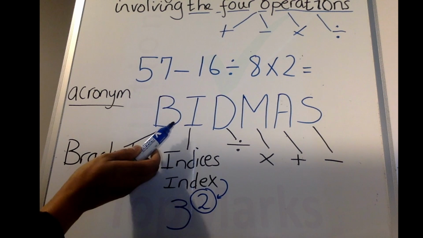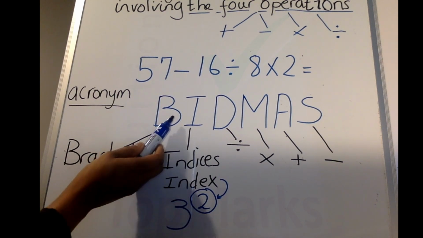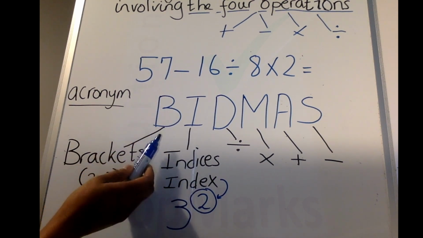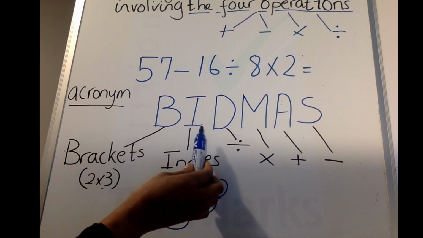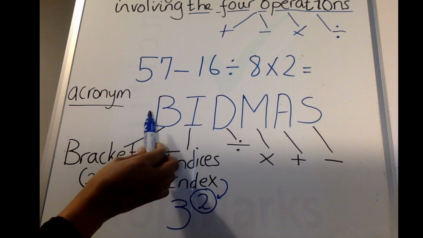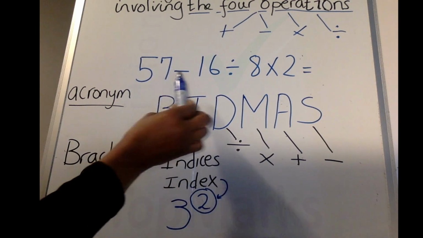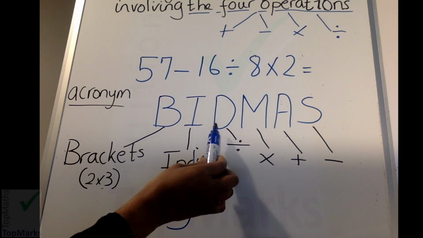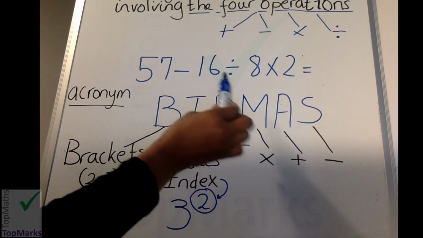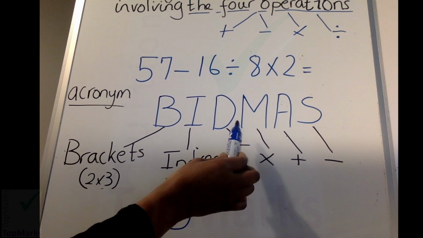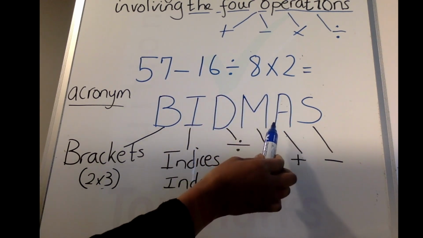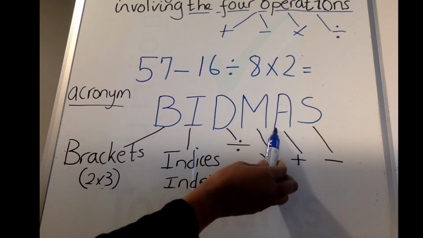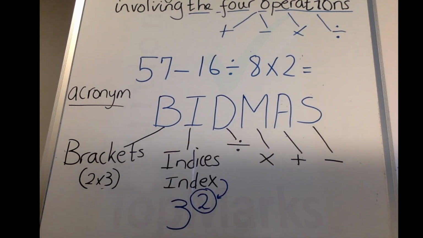If we have a calculation that includes indices, we do the indices calculation second after the brackets. Then we do the division calculation and then the multiplication calculation. It then suggests that we do the addition and then the subtraction.